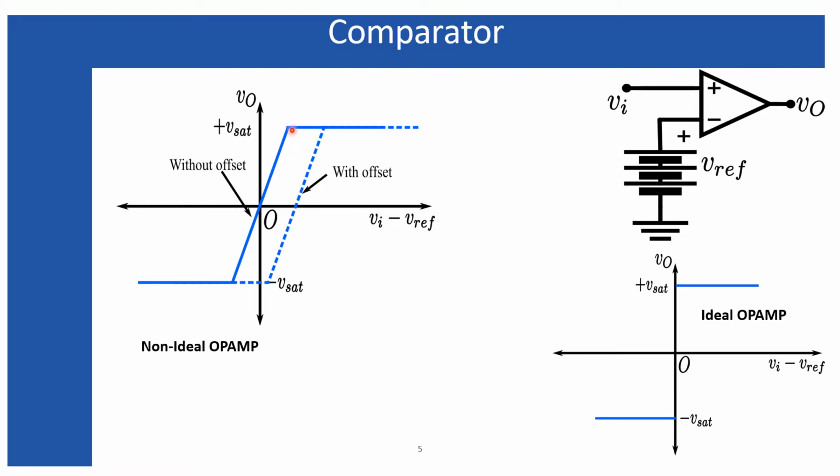we should have this kind of characteristic, because we know a finite voltage gain is represented by a linear region within a transfer characteristic.